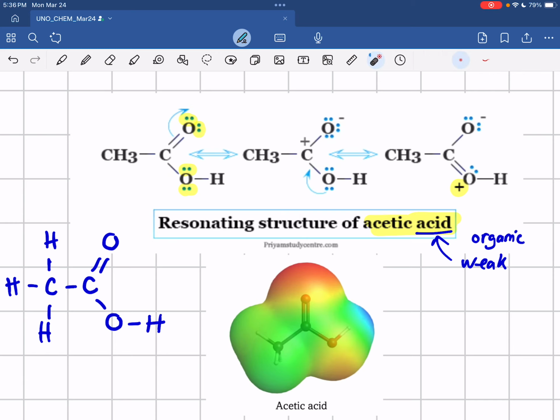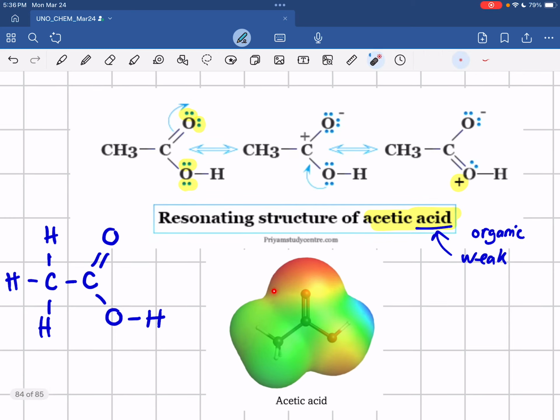If you have a look at the electron density map of this structure, you can see here, this is the first carbon, C. These are the 3 hydrogens here, right? This is the second carbon, and these are the 3 hydrogens. Then this is the oxygen here, which has a really negative cloud.